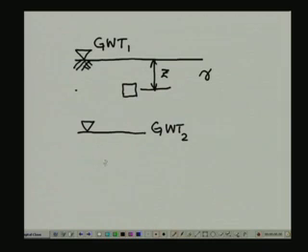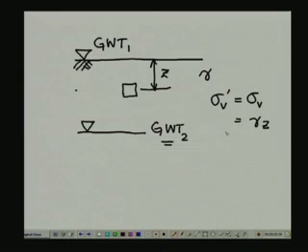So in this case, if you consider the soil element for the position of groundwater table given by GWT2, in that case the soil has stabilized under a vertical effective stress of gamma times Z. Notice in this case sigma v prime is going to be equal to sigma v because there is no pore water pressure, and as a result U in this case is 0.